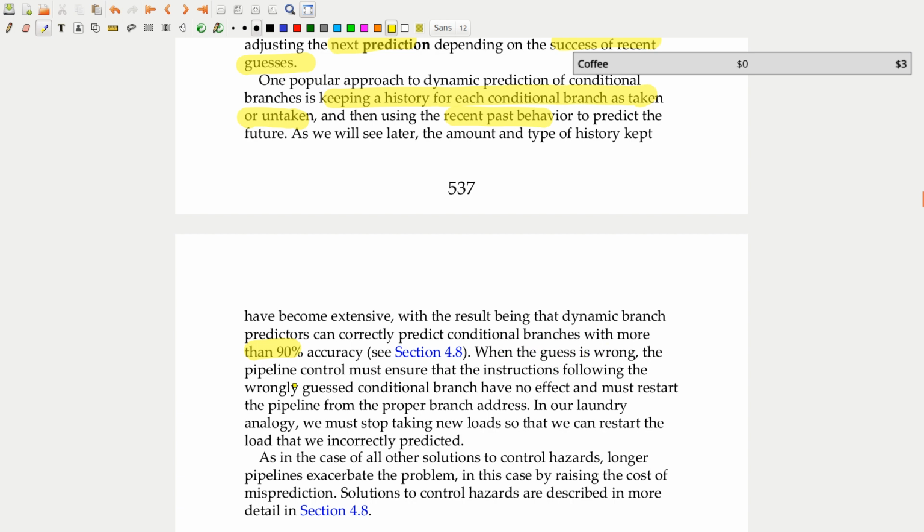When the guess is wrong, the pipeline control must ensure that instructions following the wrongly guessed conditional branch have no effect and must restart the pipeline from the proper branch address. We generally call this draining the pipeline or squashing instructions. Okay.